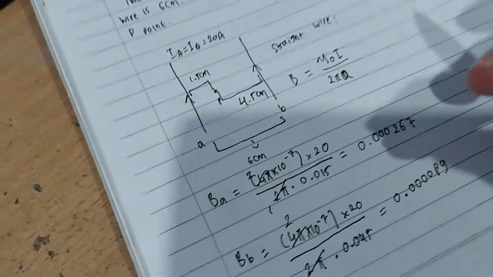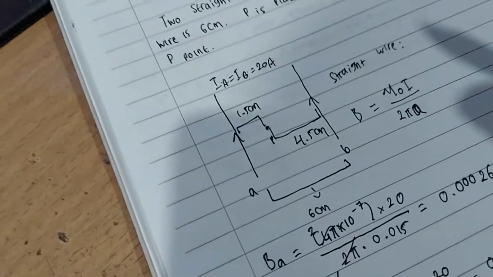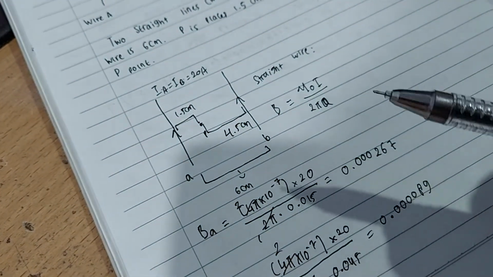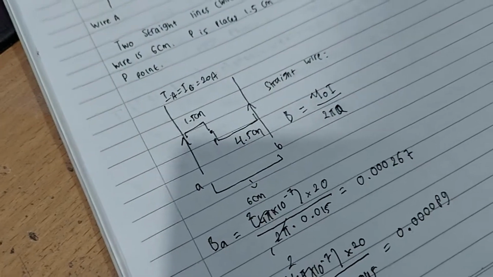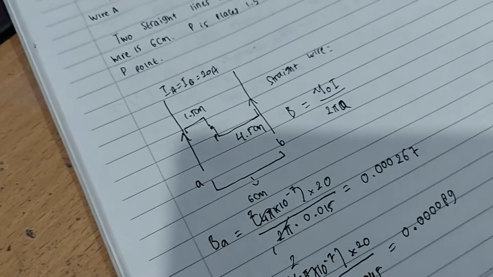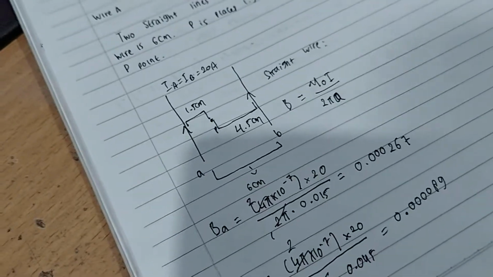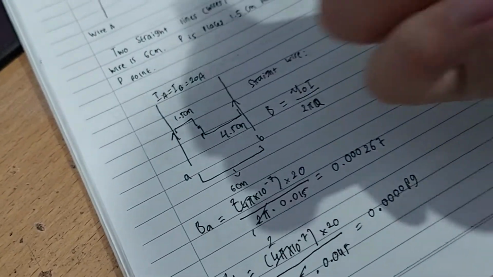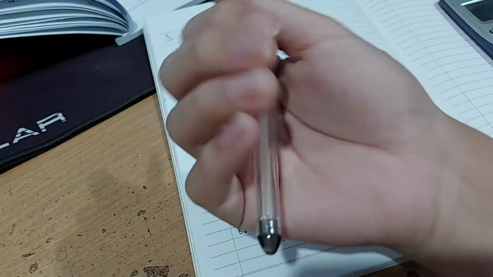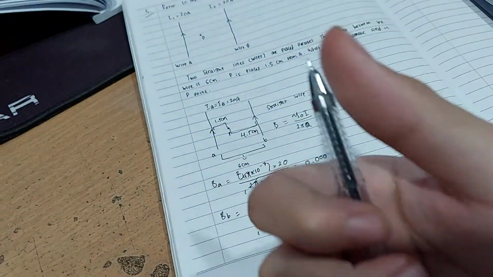Okay, now we should check the direction of the magnetic field, because there are both forces acting, and we need to know the direction to be able to calculate the net force. We'll calculate it using the right hand rule. For rod A, the thumb represents the current direction, while the four fingers represent the direction of the field.